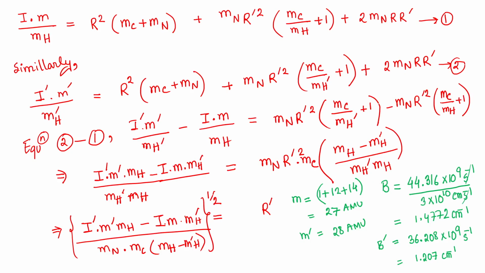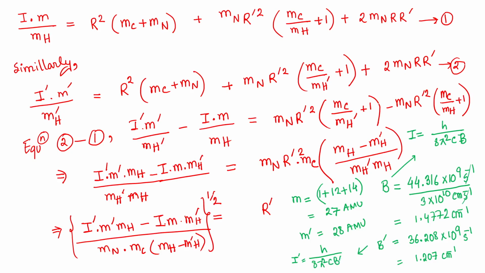So actually from B we need to get I, and I is h by 8 pi square C B, right? Not C, B. And your I dash would be h by 8 pi square C B dash.